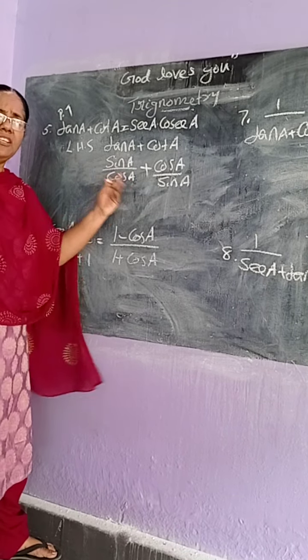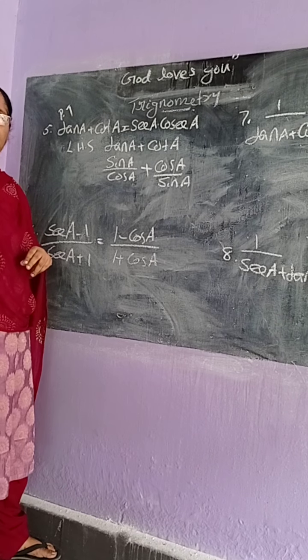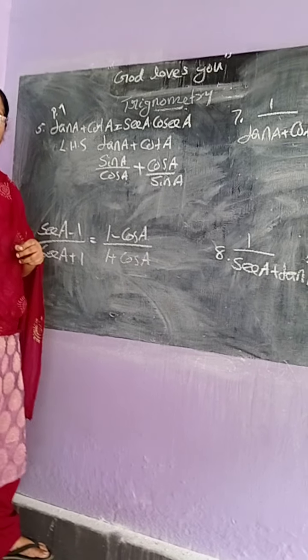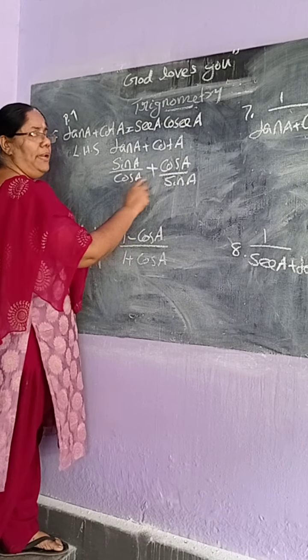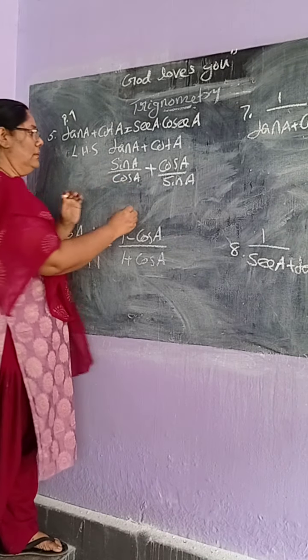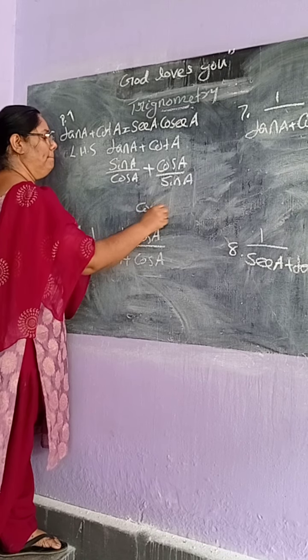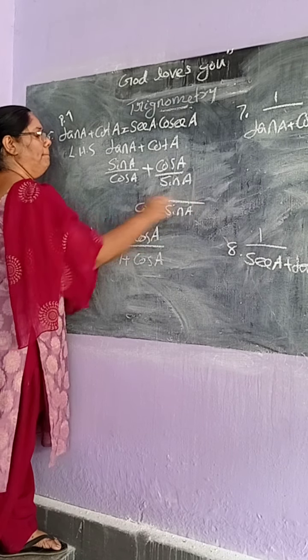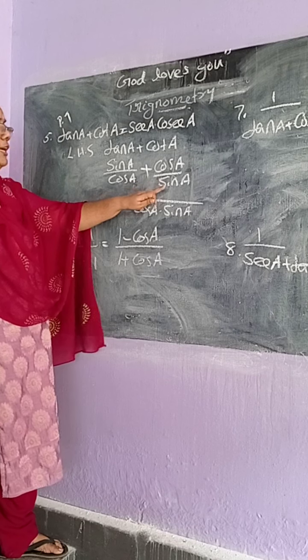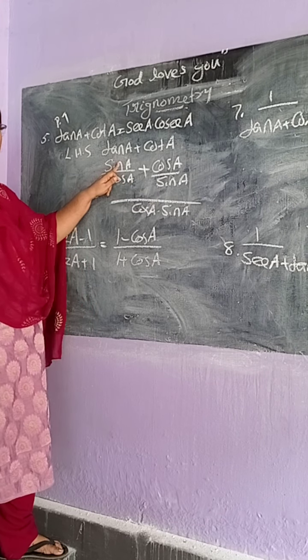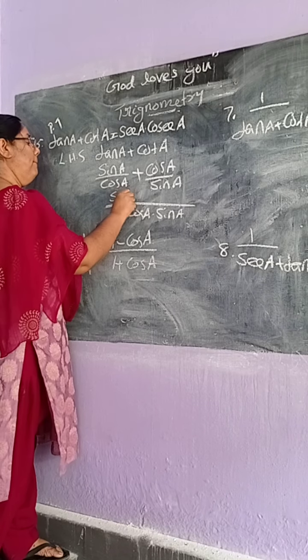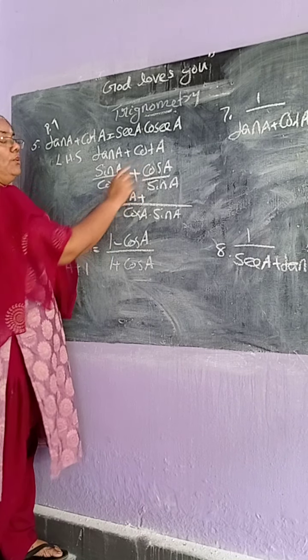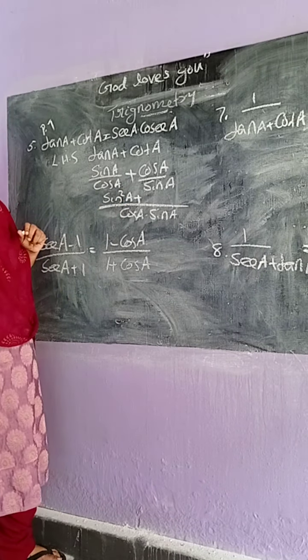These are two fractions, isn't it? If a fraction is there, what to do? Take the LCM. LCM means write these two together. Cos A, sin A. Cross multiplication. Sin A into sin A. What is sin A into sin A? Sin square A. Plus cos A into cos A. What is cos A into cos A?